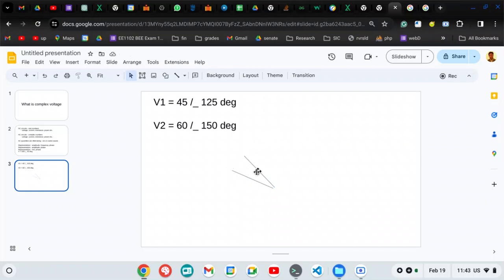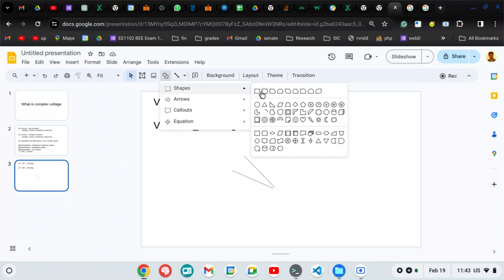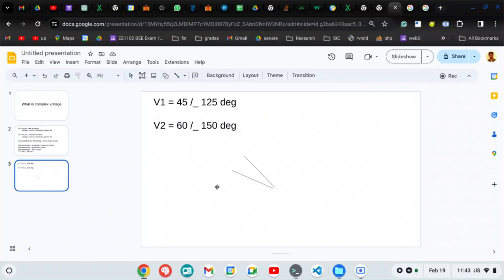If I were to stand at one location, let's say this is my reference point, and they are all rotating in anti-clockwise direction, first this will come, then this will come. So V2 is leading, V1 is lagging, because when the vectors are rotating anti-clockwise, whichever comes first is leading. Anyway, let's go back.